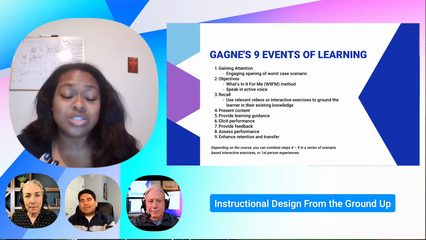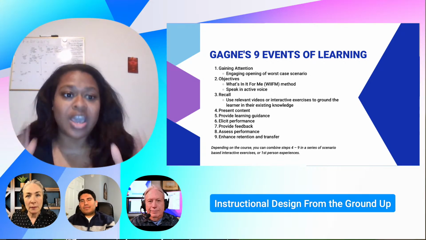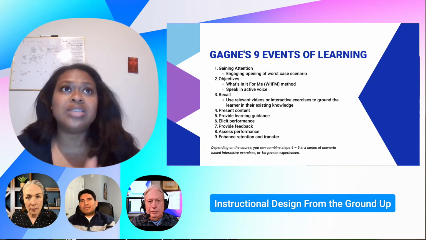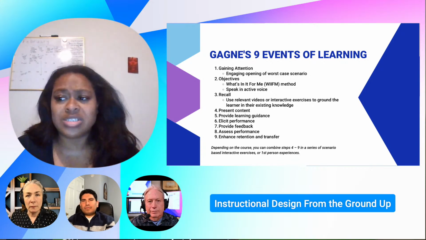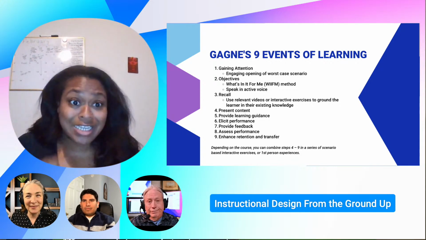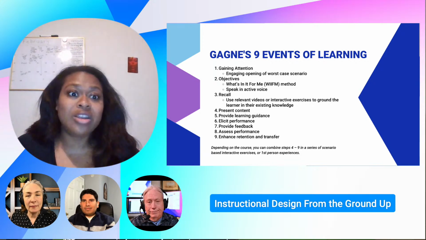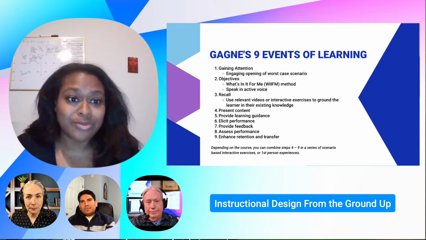One way you can do that is by explaining clearly with active voice what is important for me as a learner, especially if the course is 20 or 30 minutes long and has 10 to 15 modules that I have to sit and click through.